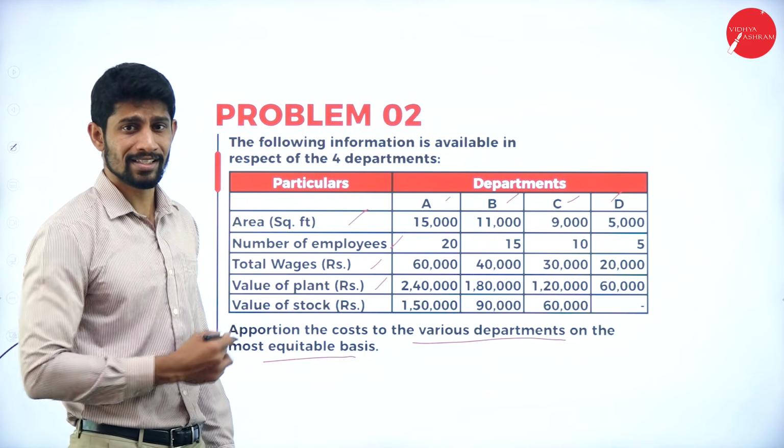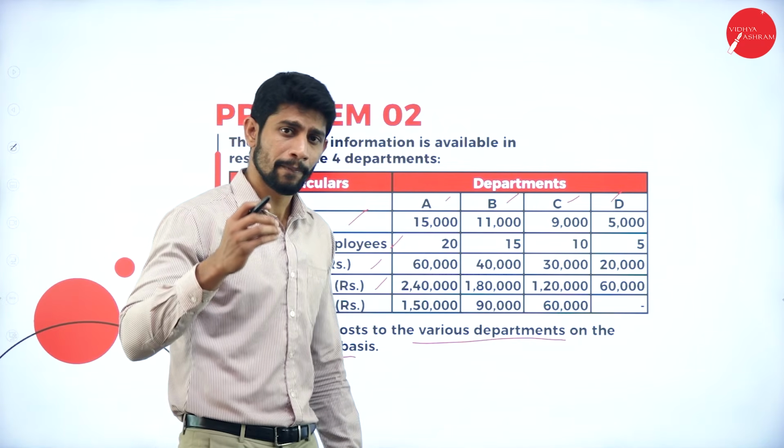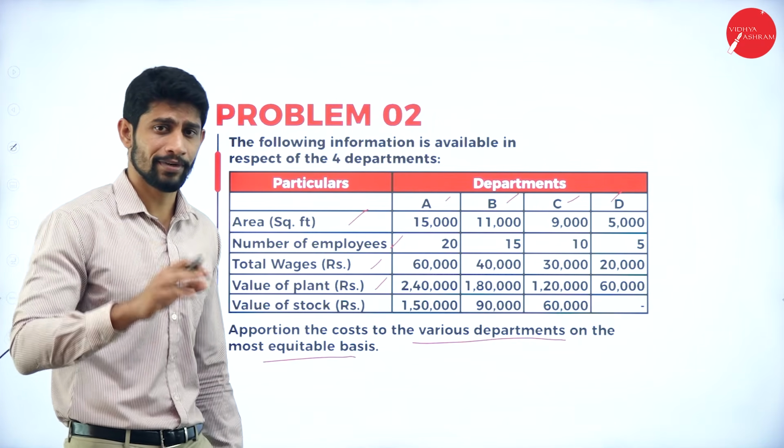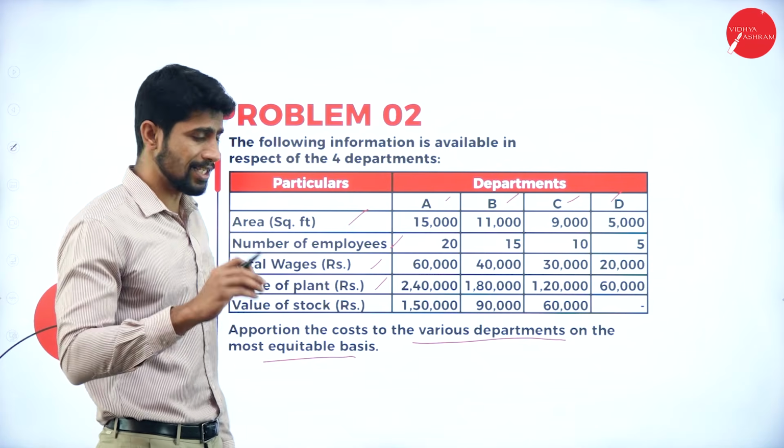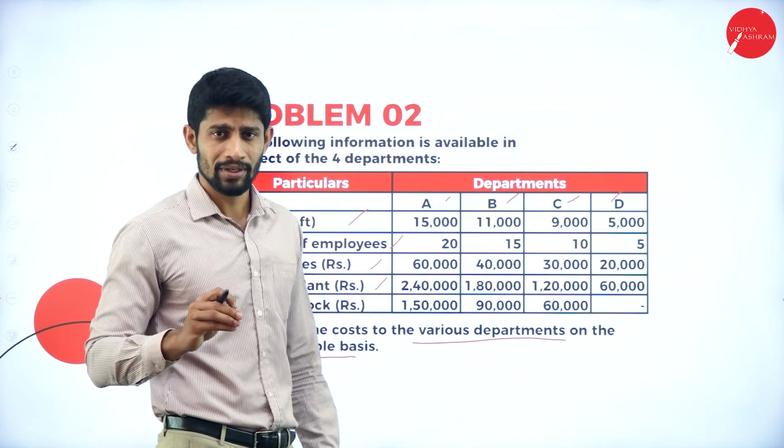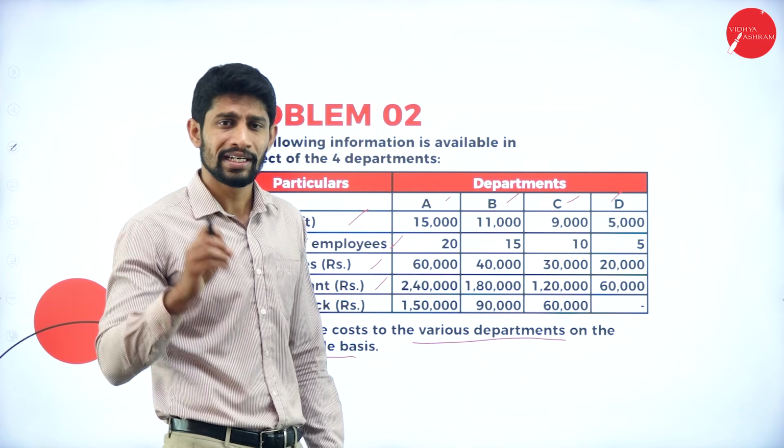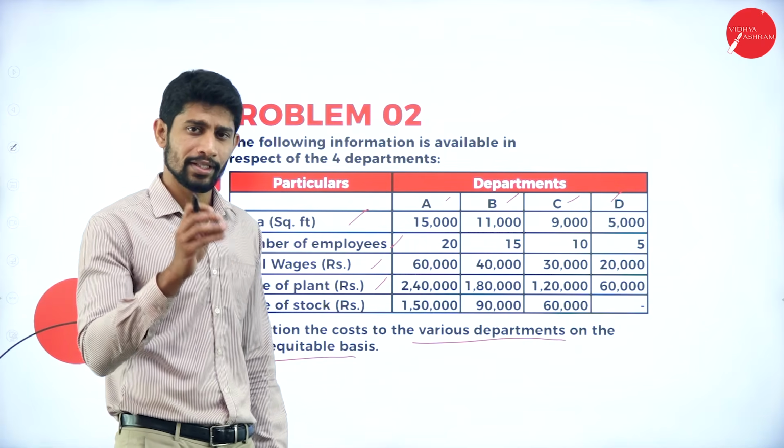So by using this you are supposed to find out the expenditures of different departments. It is very simple. First you are supposed to find out the ratio. According to the ratio you are supposed to distribute the amount, that is the expenditure.